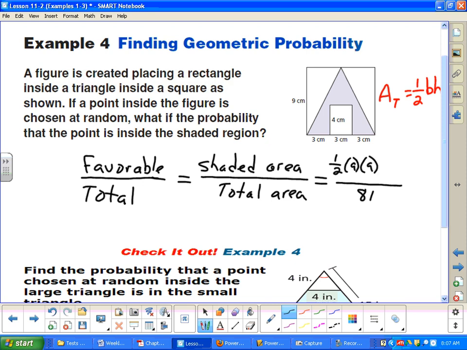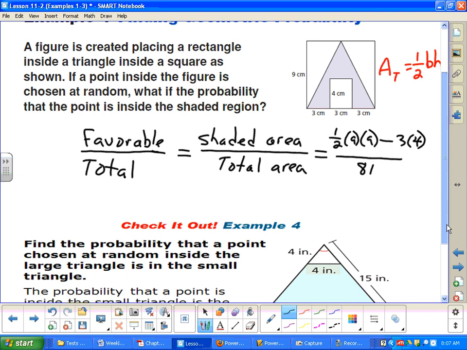And then we have to subtract the area of this rectangle, which is 3 by 4. So half of 81 is 40.5, right? And 40.5 minus 12 would be 28.5 over 81.